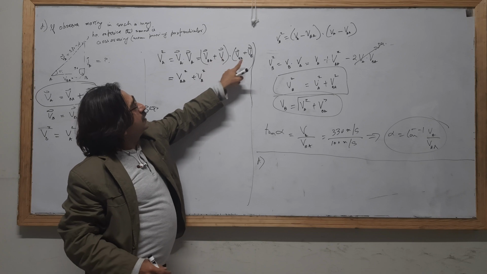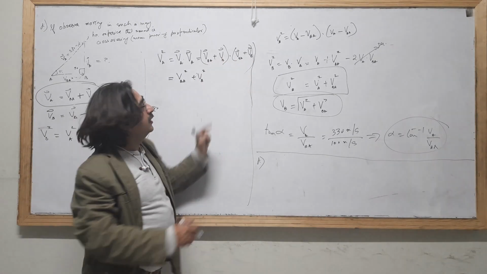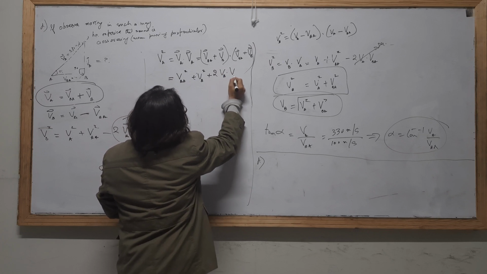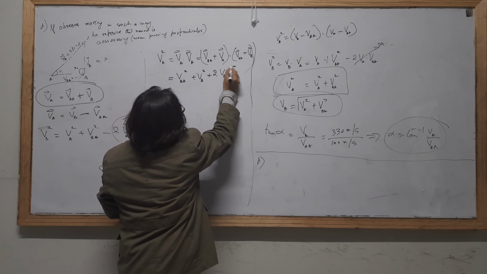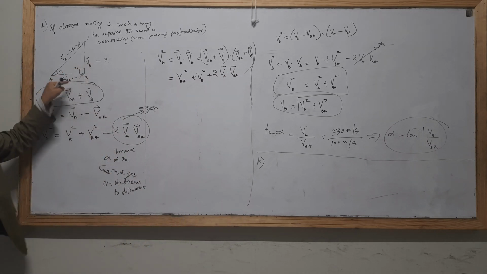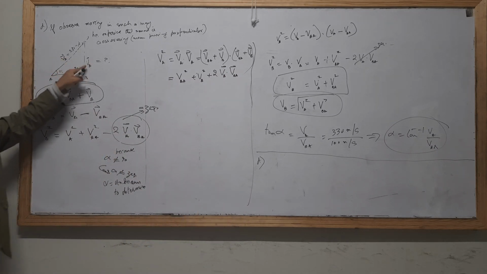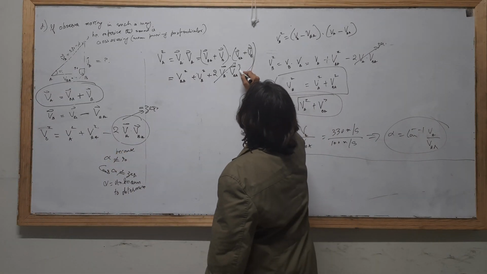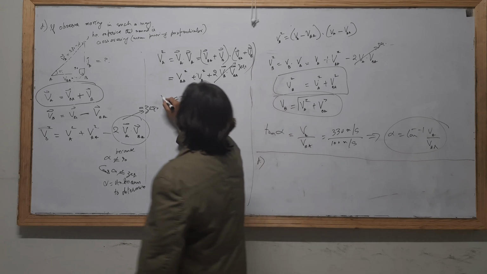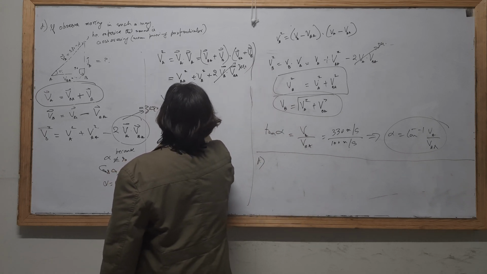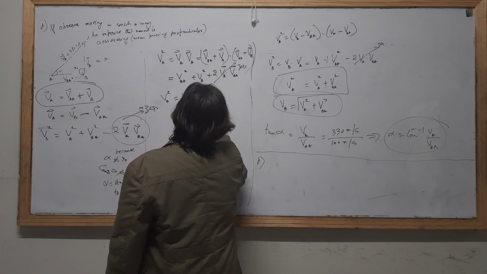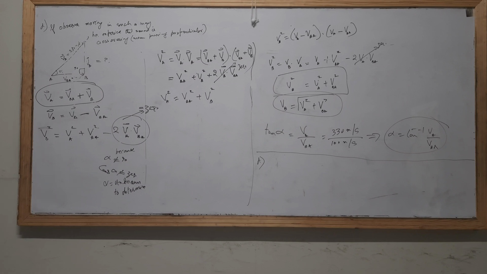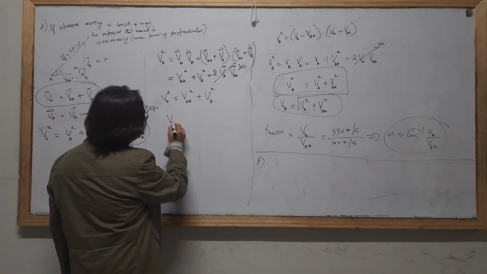Dot product of this and this, both are there, so that will be VB dot VBA, and the angle between them is 90, cos 90 is 0, so this will become 0. So VA square becomes VBA square plus VB square.